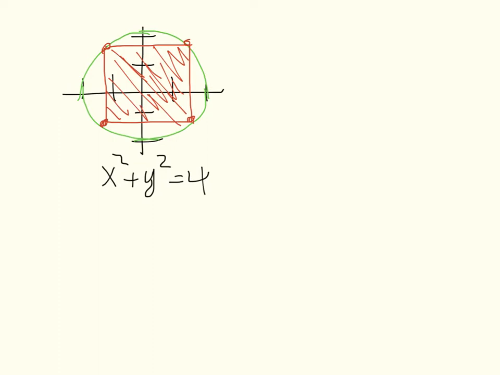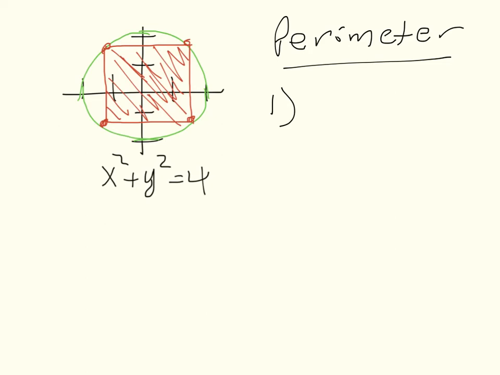So we got the equation for area, the model equation for area. Now this problem moved on and it said, okay, now find the model equation for perimeter. So for perimeter, we can do the same thing, except we're just going to have a different general equation. So let's go to step 1. The general equation for perimeter is just going to be this plus this plus this plus this.